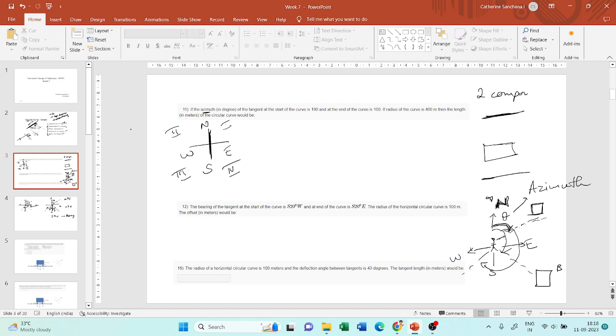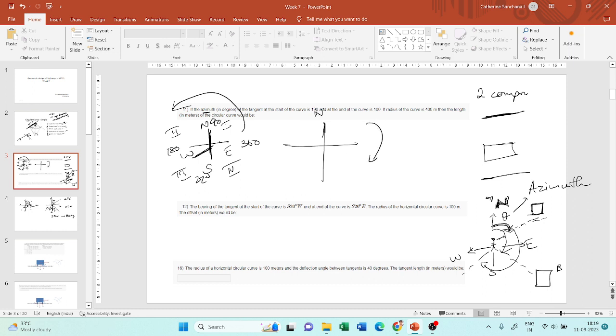And in that, 190 degrees will come somewhere here, because the angles start from 0, 90, 180, 270 and 360. This is how we do it in math, right? Now here the angles will be coming in the opposite direction. In math it will go in this direction, whereas in surveying it will come in this direction.